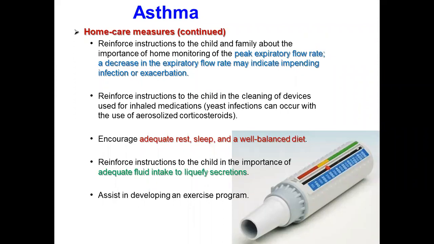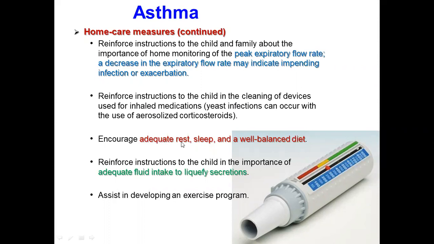It is very important to know. Then here, reinforce the instruction to the child in cleaning the device used for inhaled medication. Otherwise, a yeast infection can occur.